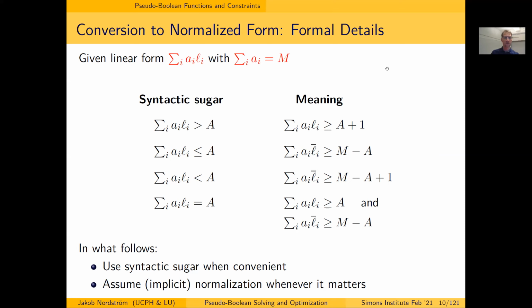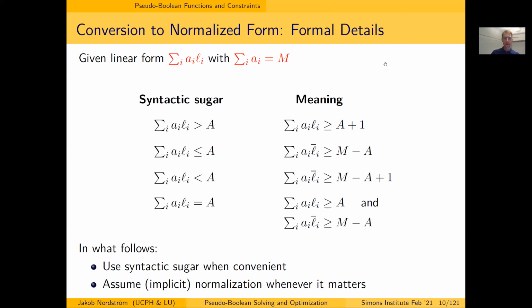So if we have a linear form sum ai Li where the sum of the coefficients is m, then a strict greater than inequality is just greater than or equal with a plus 1 instead of a, and a less than or equal inequality sum ai Li less equal a, we just flip it around and get sum ai Li bar greater equal the total sum m of the coefficients minus a, and then similarly for strictly less than, and as we already said, for equality we replace it by two linear inequalities.